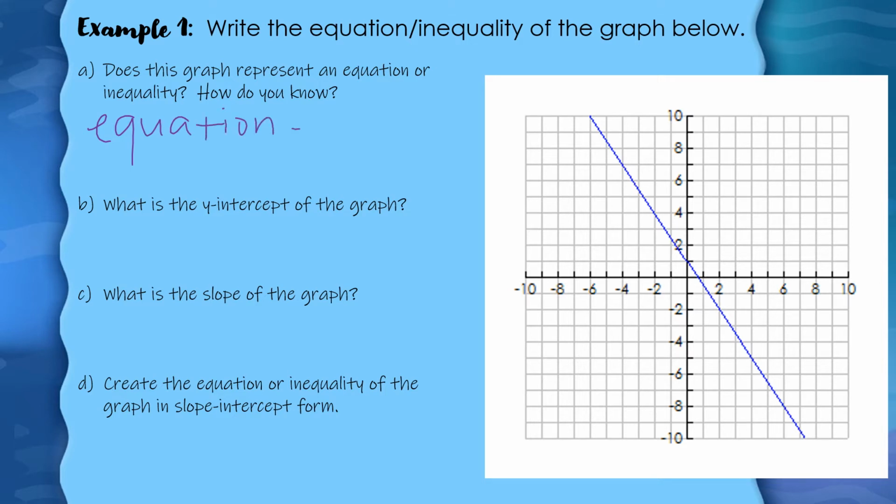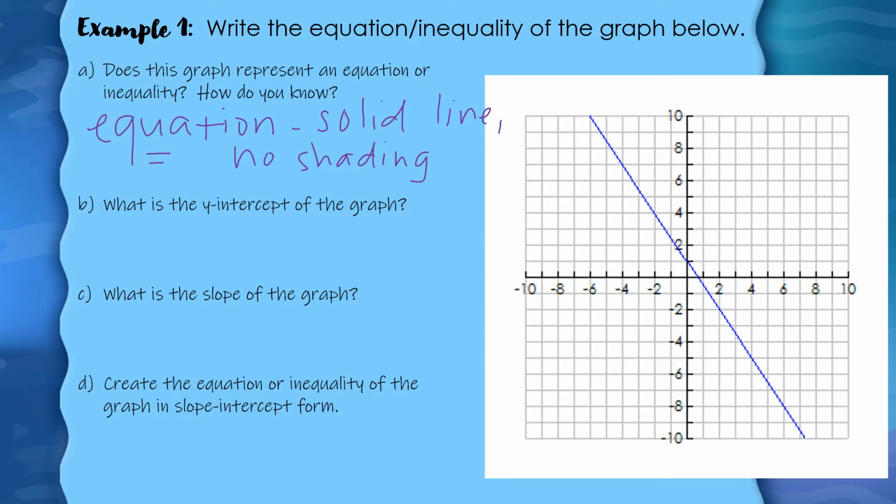The other giveaway is that it's a solid line. Now, if it's a solid line and there's shading, that's going to be an inequality. But because this is a solid line and no shading, that makes it an equation. So when we get to the end and we write the actual equation, we're going to use an equal sign.